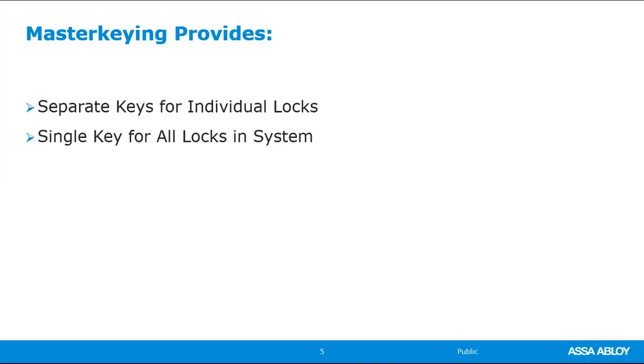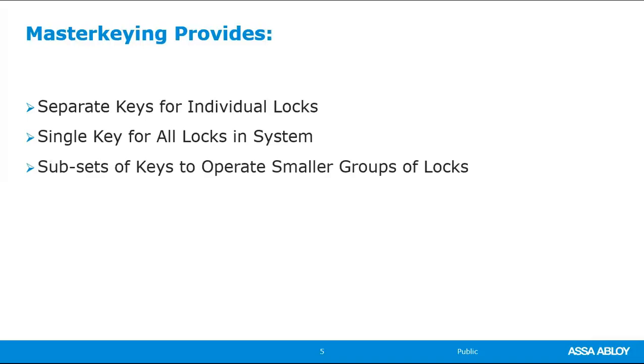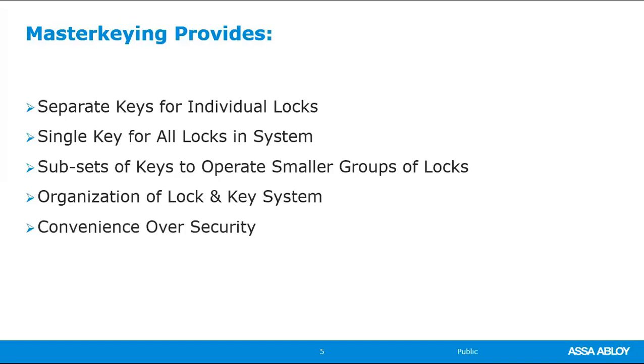We're going to be going over that. You can have different subsets of keys to operate smaller groups of locks. With master keying, you are organizing the whole lock and key system. And like I said on the last one, it's a controlled destruction of security of the cylinder. The one thing you do get is convenience over the security. And we're going to discuss why that is momentarily.